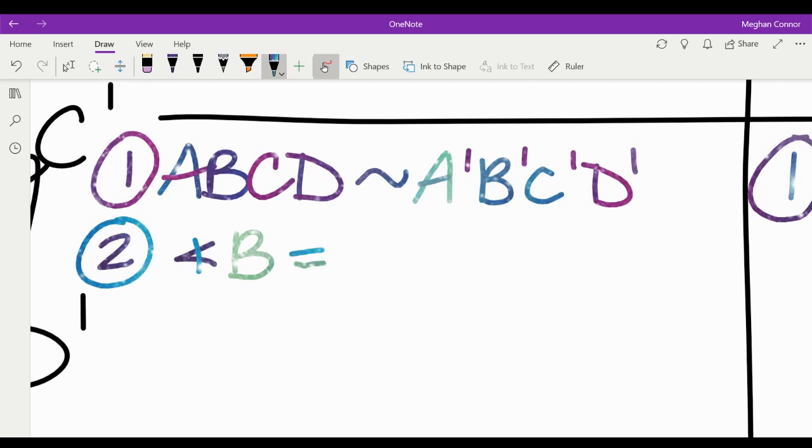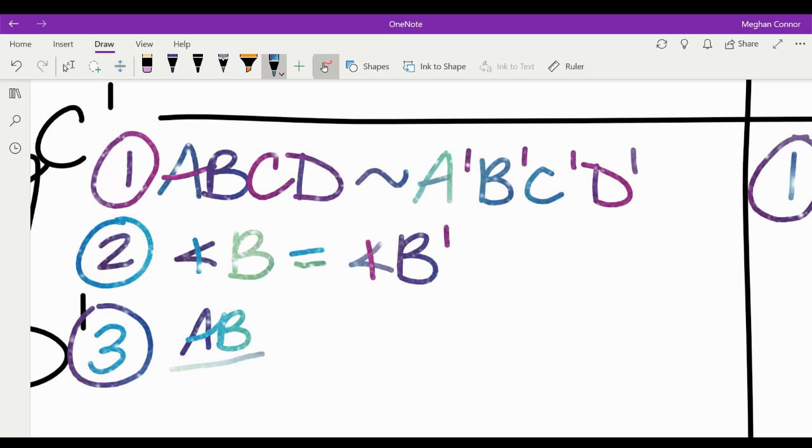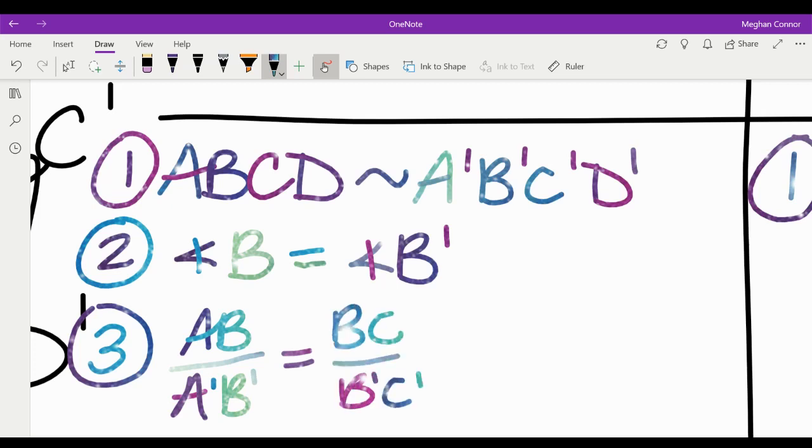Angle B equals angle B prime. And then we're going to say that AB over A prime B prime is equal to BC over B prime C prime.